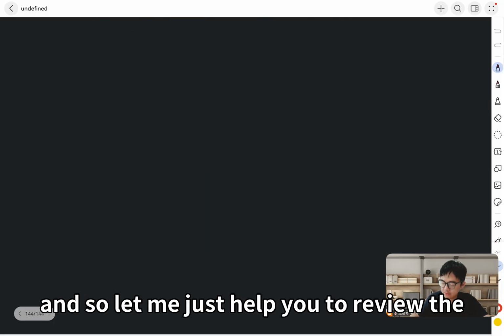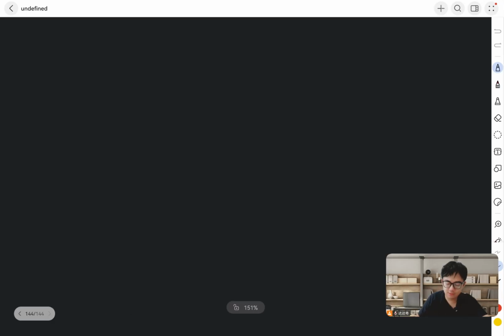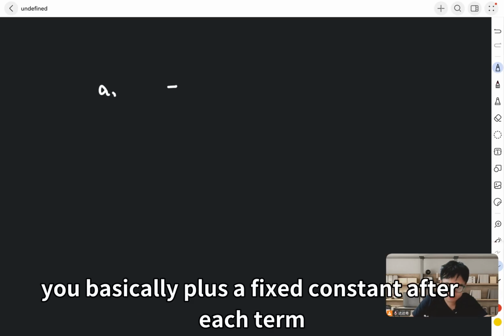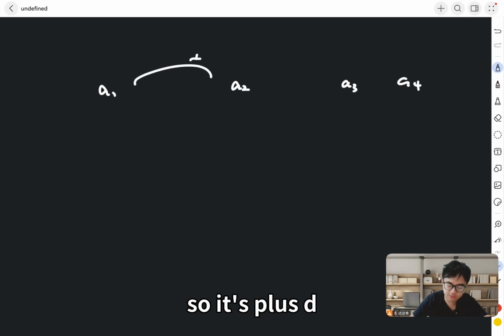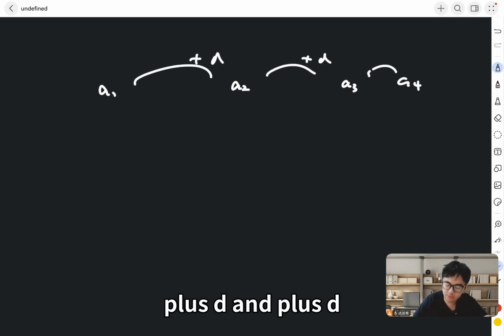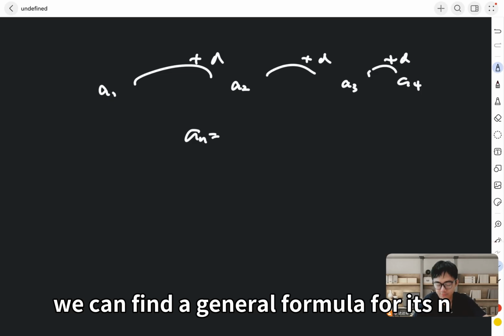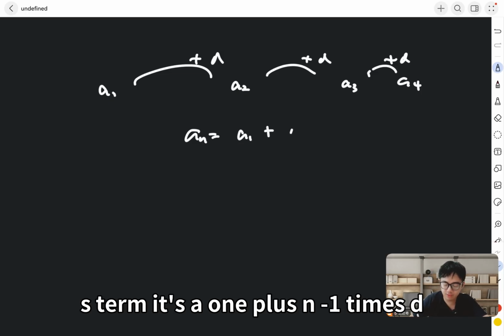And so let me just help you to review the definition again. As for the arithmetic sequence, you basically add a fixed constant after each term. So it's plus d, and plus d. And under this rule, we can find the general formula for its nth term. It's a1 plus n minus 1 times d.